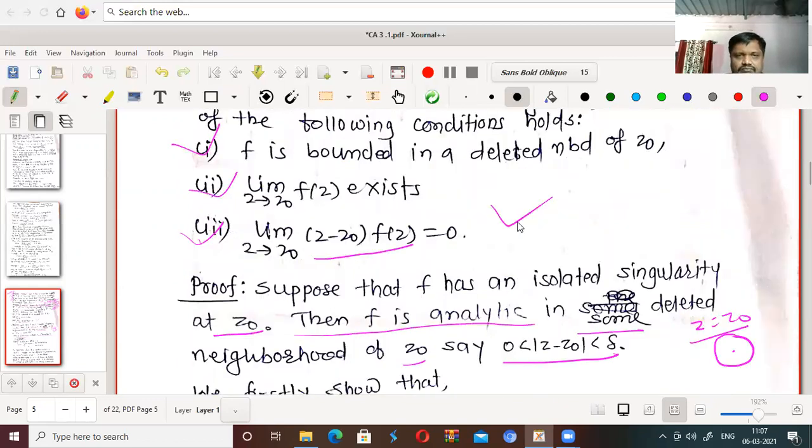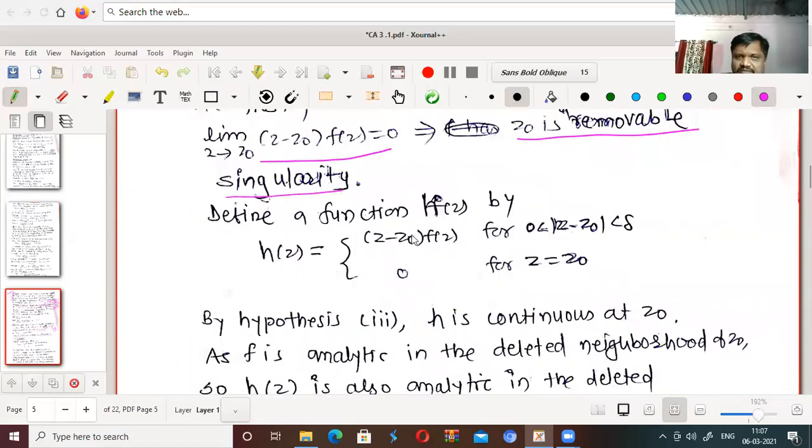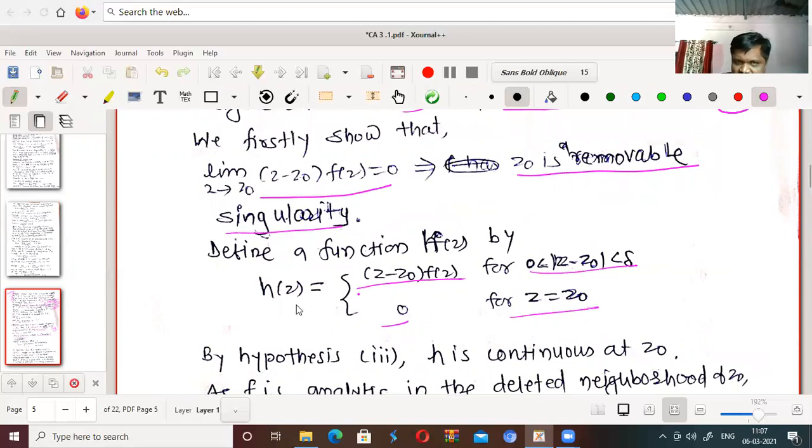For this we define a function h of z by h of z equal to z minus z0 into f of z for the deleted neighborhood, and equal to 0 for z equal to z0.